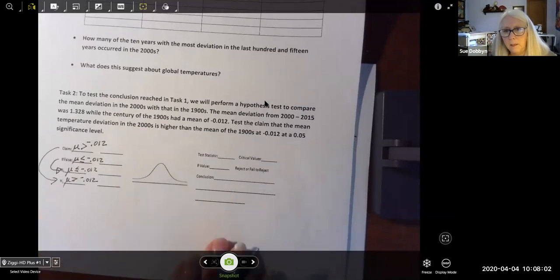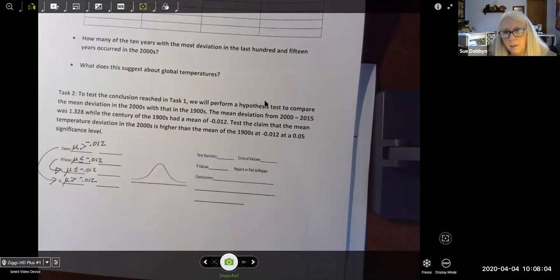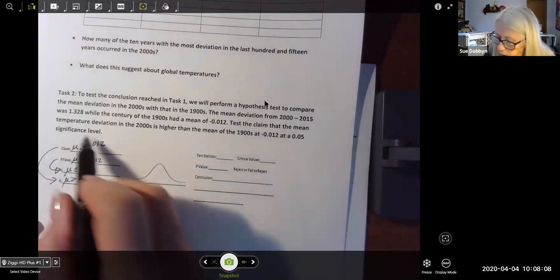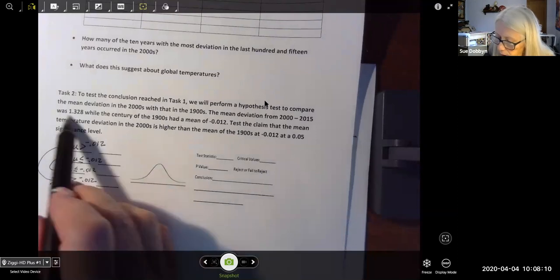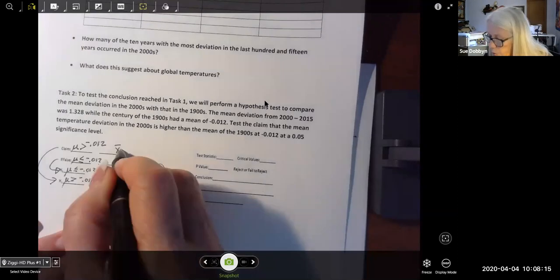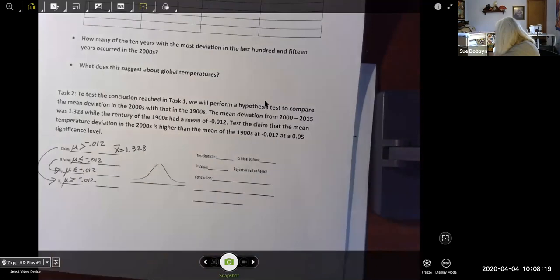Okay, so here's our data. Of the 15 years in the 2000s, I told you that the mean deviation is 1.328. Now, what I failed to tell you was the standard deviation, but I know what it was. So n is equal to 15, right?